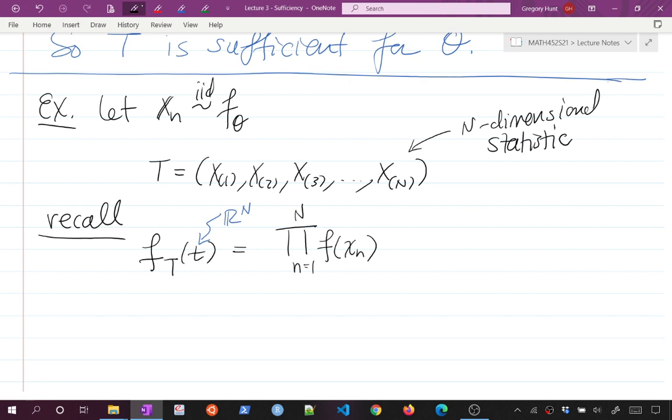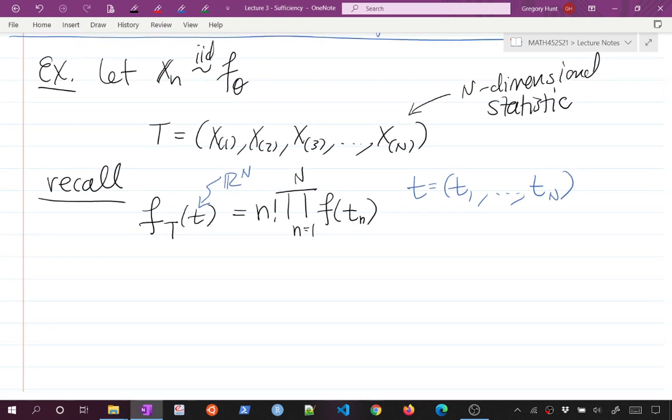The theorem, which you may or may not recall, is that the joint distribution of the order statistics is basically the joint distribution of the data with an n factorial out front. So here, again, little t has basically n components. Looks a bit scary, but it's actually not so bad.